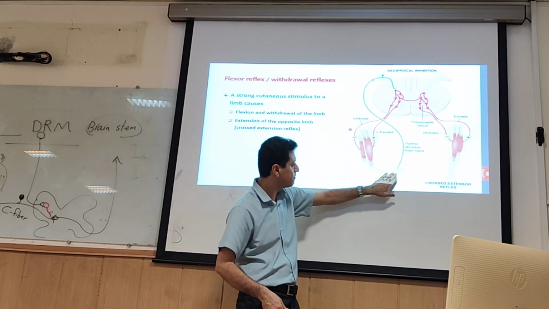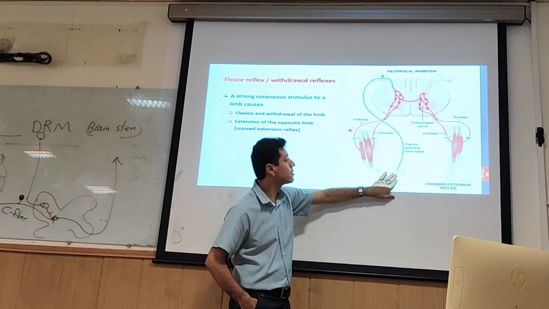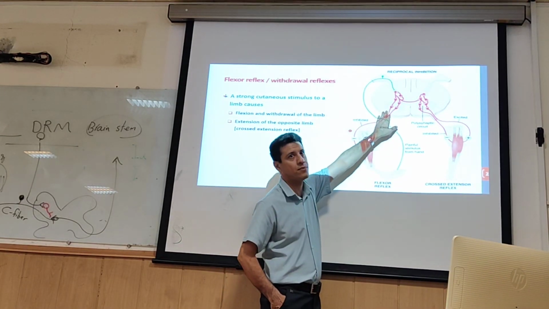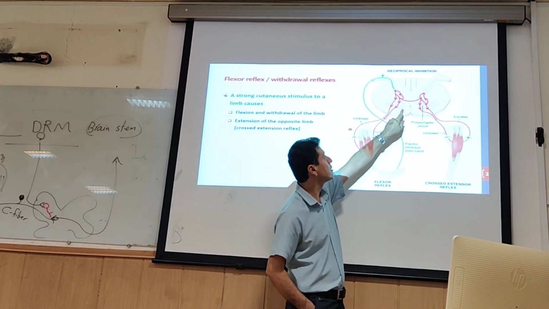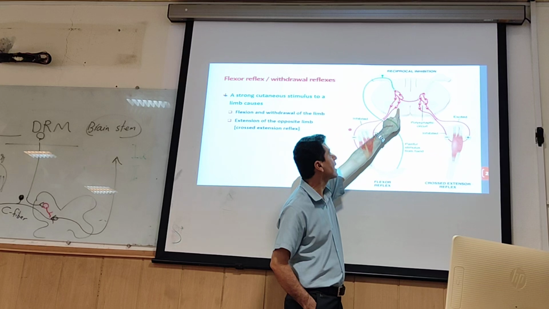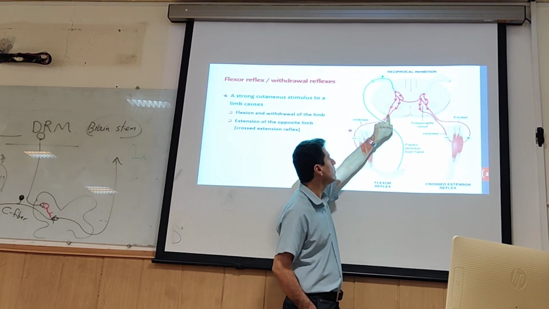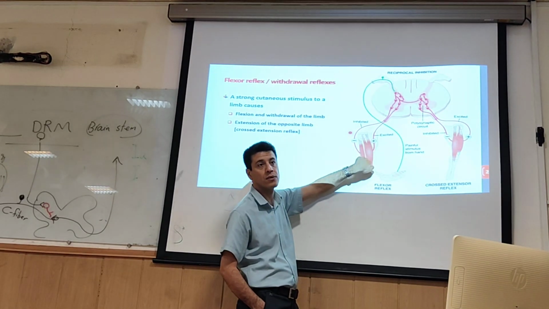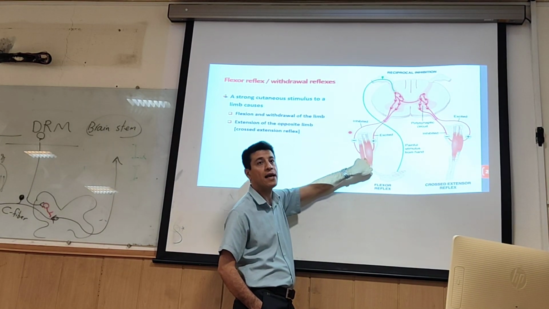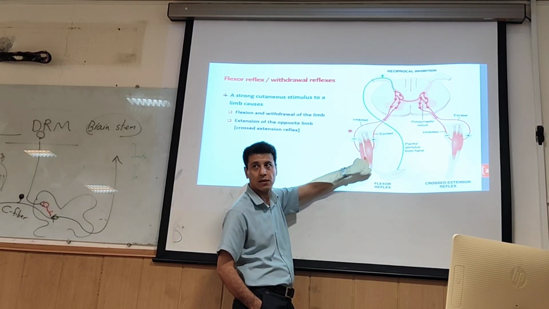How does this happen? Pain receptors are activated. Signals go through pain neurons to the spinal cord. In the spinal cord, they activate several interneurons. Interneurons activate the alpha motor neuron to the flexor, and inhibit the alpha motor neuron to the extensor. So the flexor contracts, the extensor is relaxed.